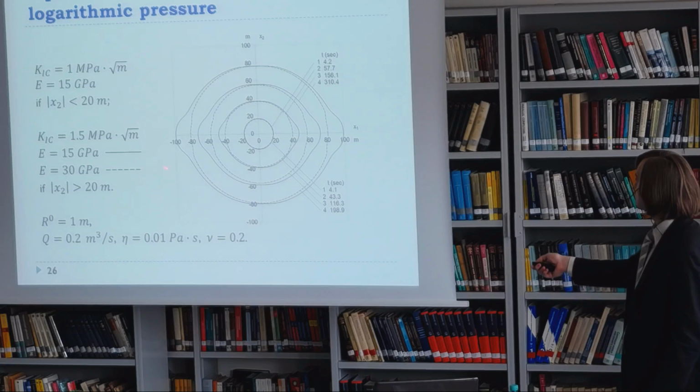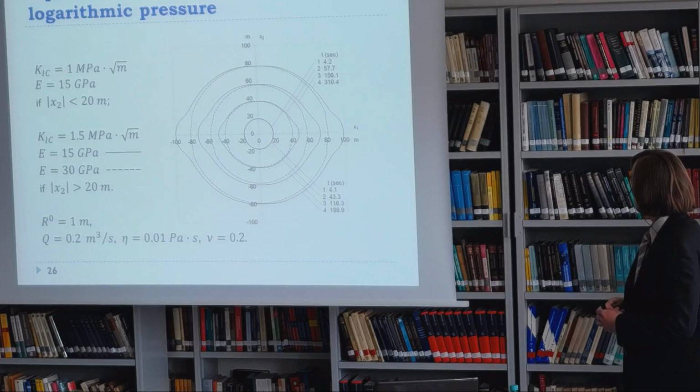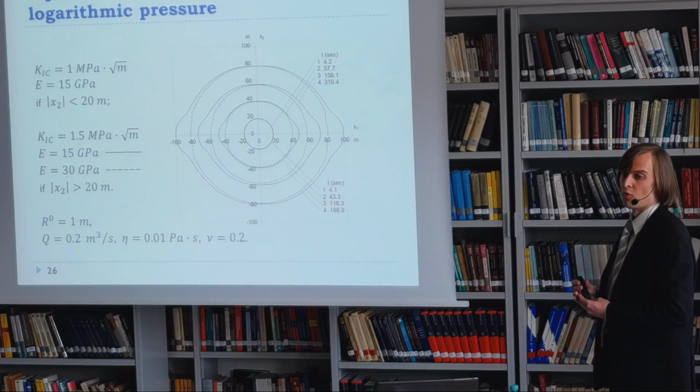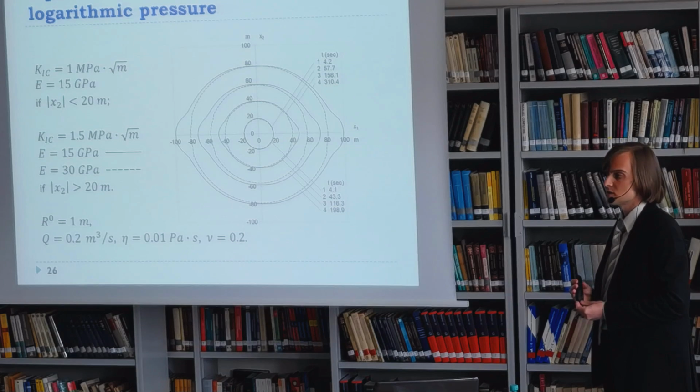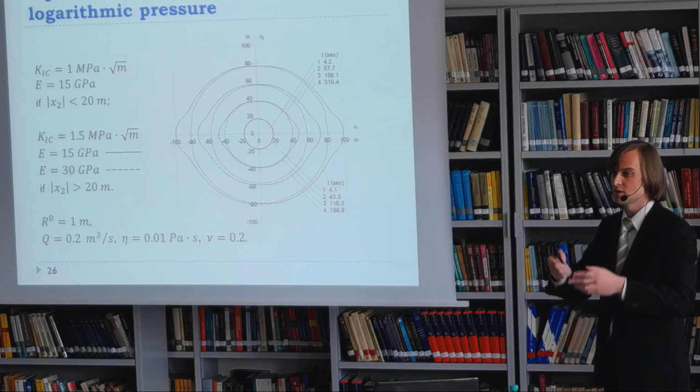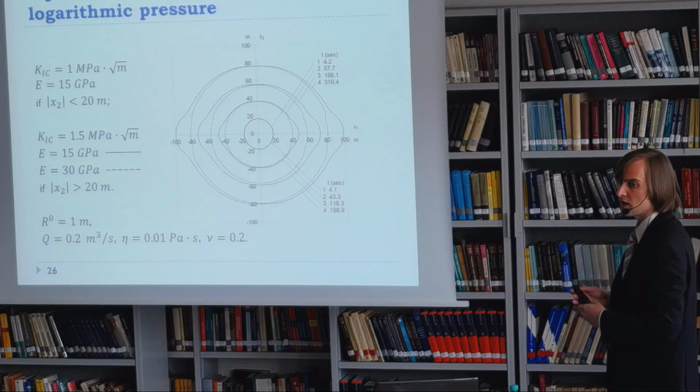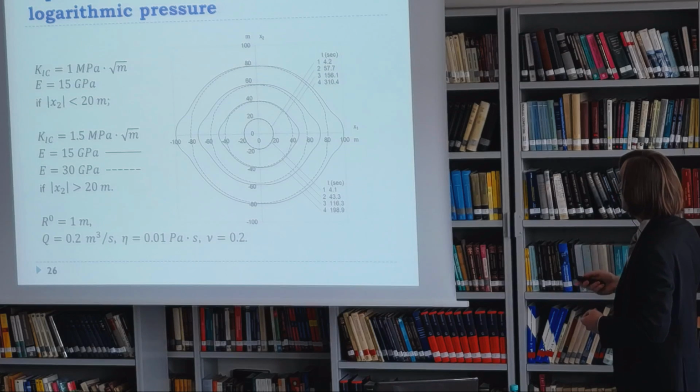So of course we would expect that the crack grows more in a softer medium. But of course the irregularity is quite smaller, because the crack is restricted by these two hard layers. So this is another example.